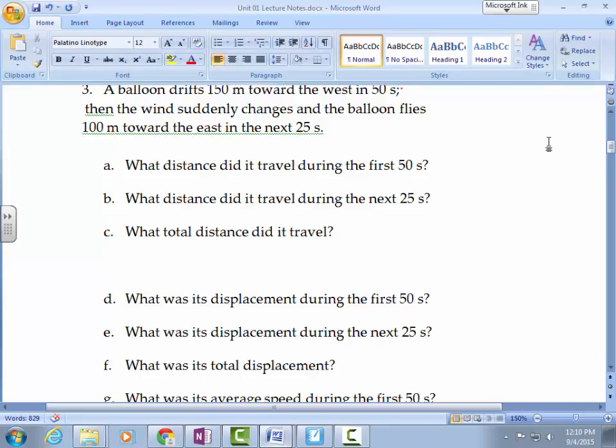And the total displacement is negative 50. And then we go to the velocities and speeds. G, H, I, and was it J, K, L? So what is going to be the speed over the first 50 seconds?